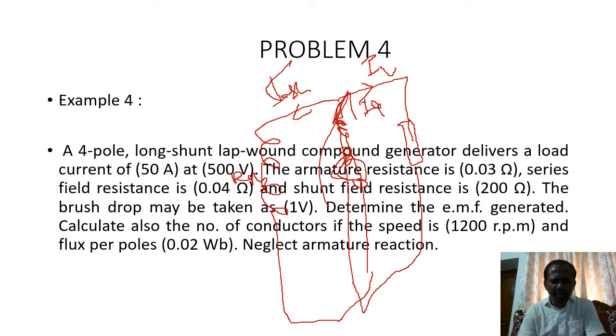So in this problem, note all of the given data. P is equal to 4. This is a long shunt compound type generator.